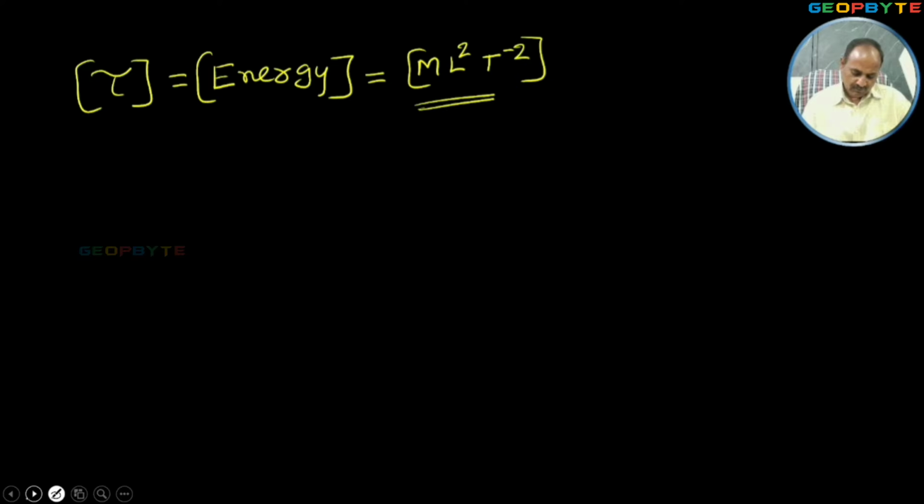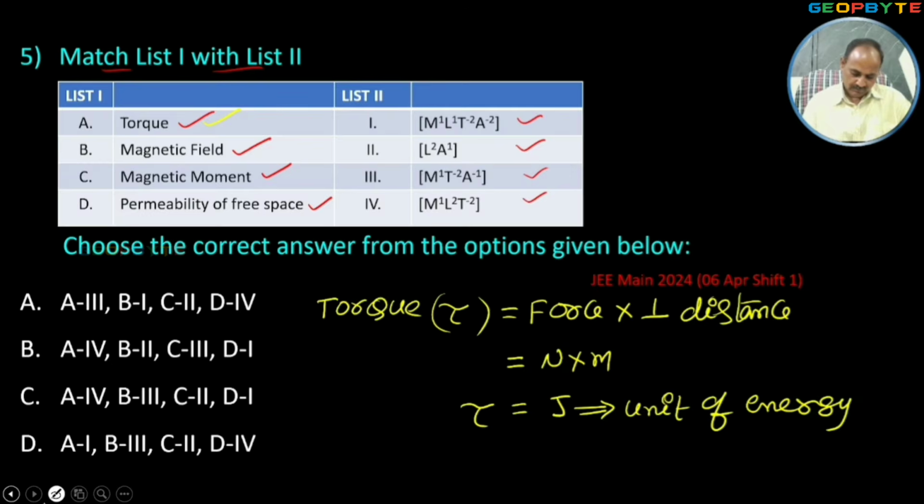So A4 correct. So A3, the first one, is not correct. The last one also is not correct. So A4. The option may be either B or C.